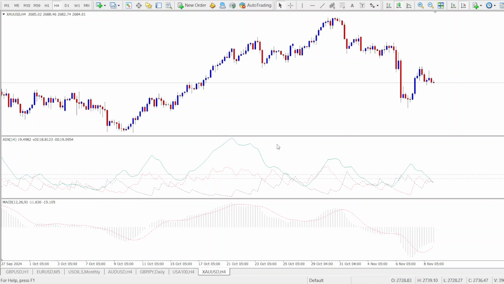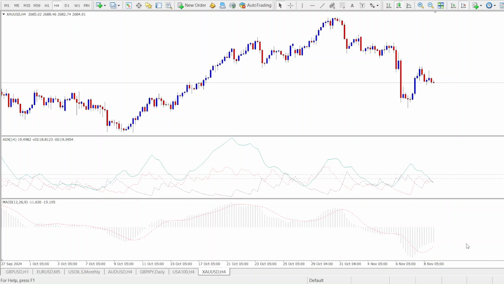Now the ADX tells us the strength of a trend, helping us distinguish between strong trending markets and range bound markets. MACD, on the other hand, focuses on momentum and potential reversals. So when we use both together, we get a more complete picture of the market, where it's headed and whether that move is gaining strength.